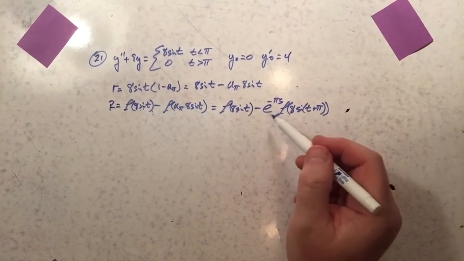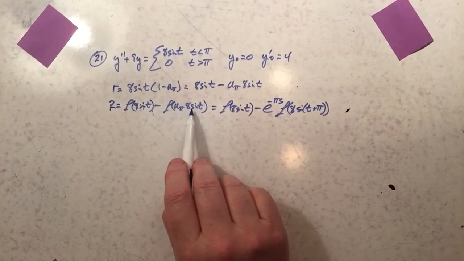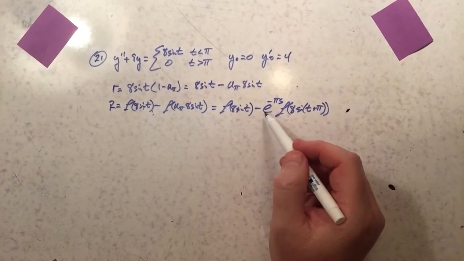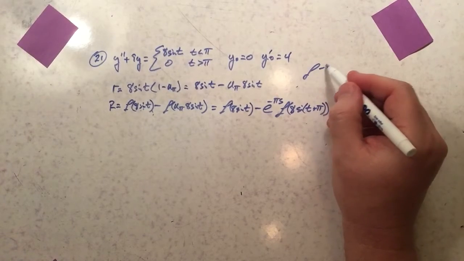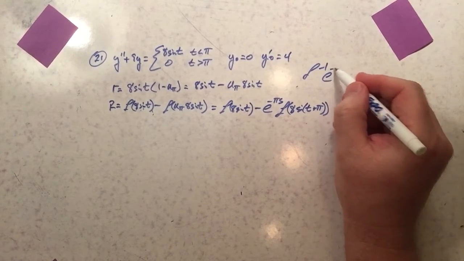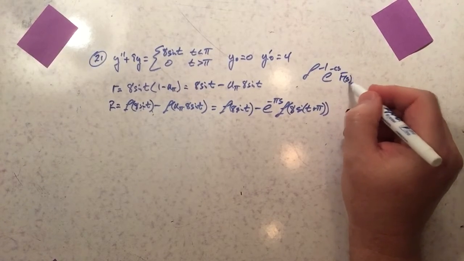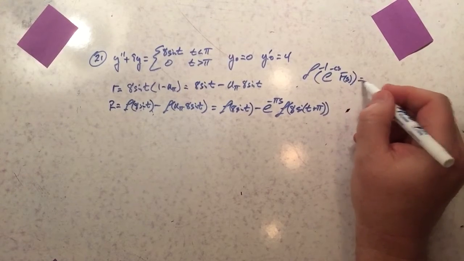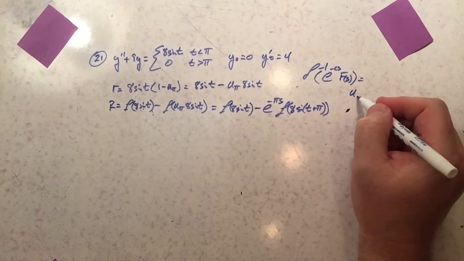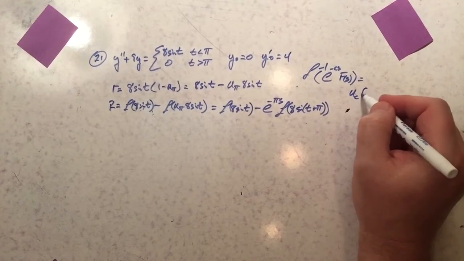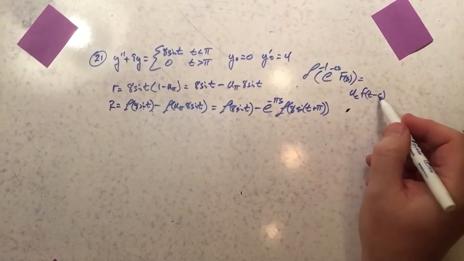Later on, we're going to be able to undo it, because in addition to the Laplace transform of a Heaviside product giving you this e to the pi s, at the end we get to undo it too, because recall that the inverse Laplace transform of anything that looks like this, e to the negative cs times the Laplace transform of some standard function, ends up being equal to the Heaviside function at c times the original function f at t minus c.